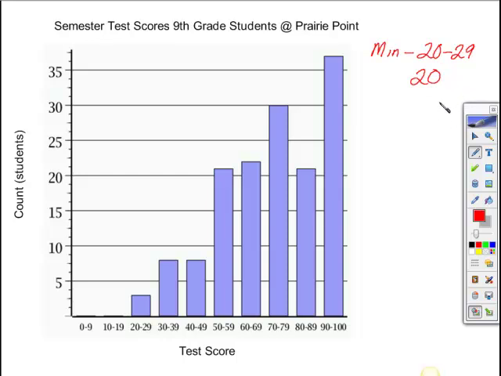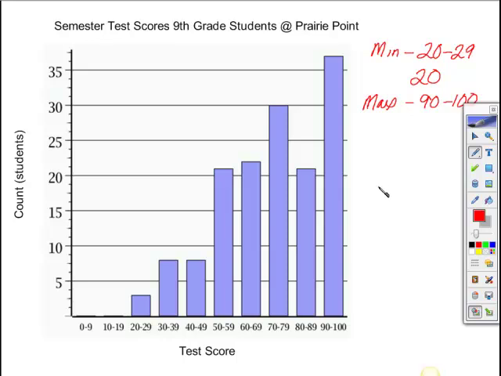So we can talk about that a little more loosely than we have been in class. And then our maximum would be anywhere from 90 to 100. You could talk about the range being anywhere from 80 to 70, or 80 to 60 there. So we can talk about minimum, maximum, and range.